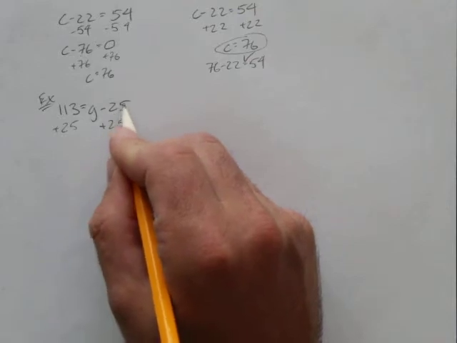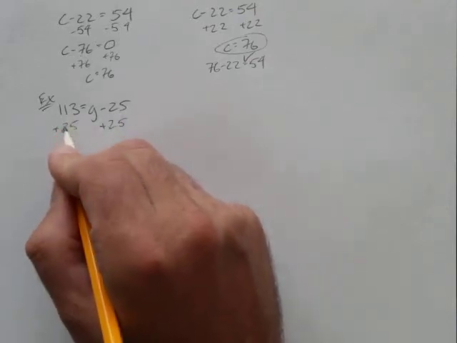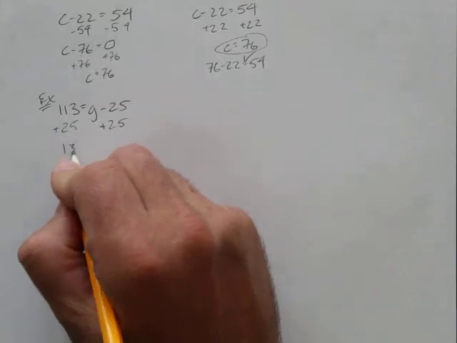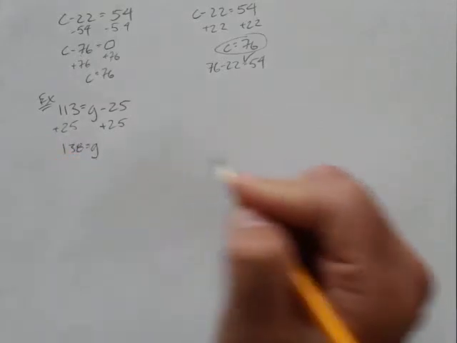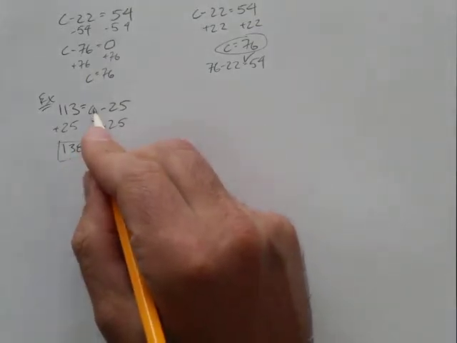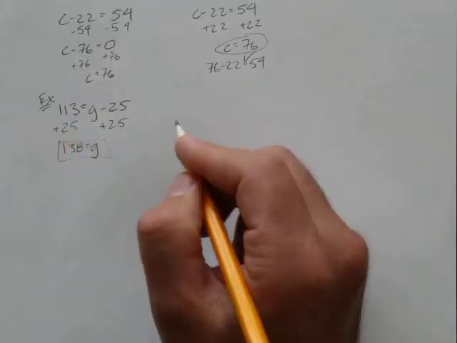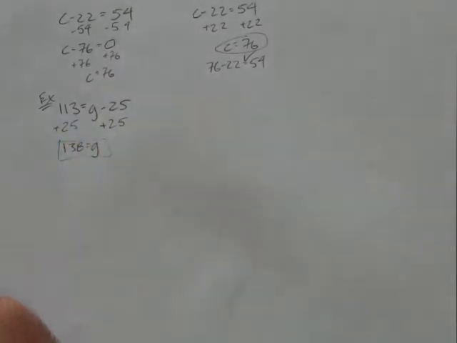I add it to make that 0. Now 113 plus 25 is 138, which equals g. g equals 138. Now I plug that back in here, 138 minus 25, and make sure that's actually 113. That'll be my check.